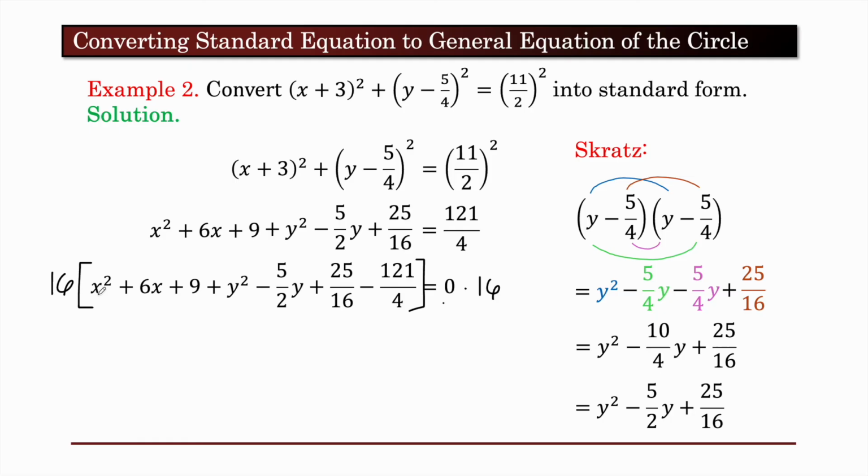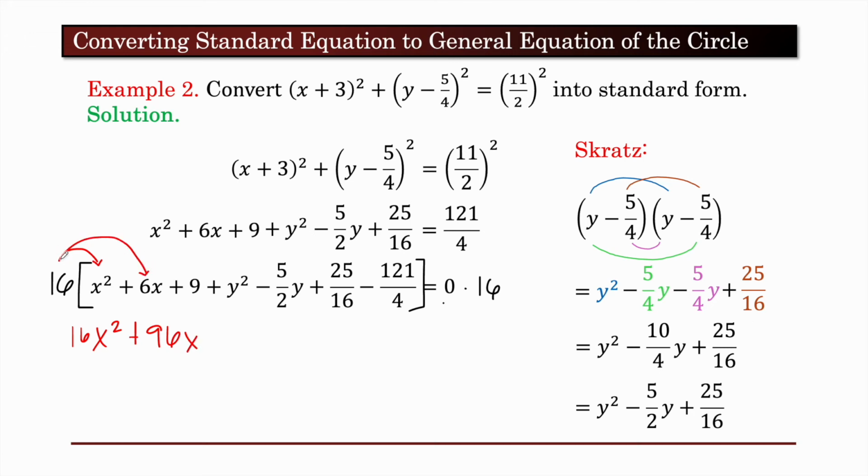So let us now distribute 16, or let us multiply 16 to all terms. We will obtain 16x squared. Okay, next 16 times 6, that will be 96x. Okay, here.